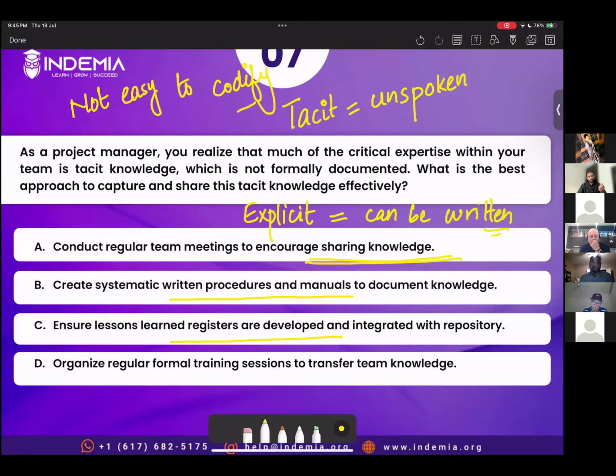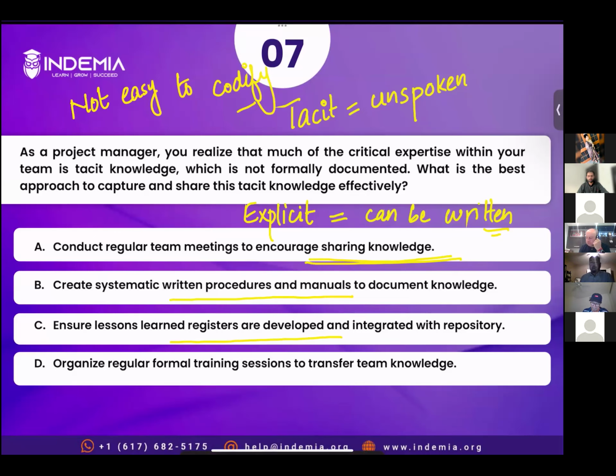So to make sure tacit knowledge is transferred across the team, the best choice is to have team meetings. Or for explicit knowledge, you can have trainings, you can have lessons learned, you can have systematic procedures. So B, C, D are for explicit. A is for tacit knowledge, which is unspoken, which is your personal belief.